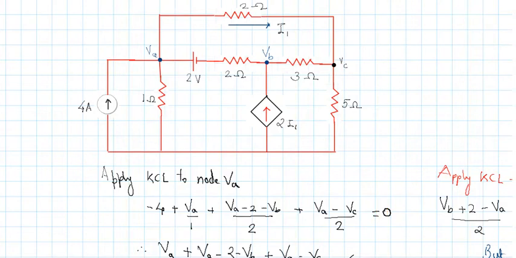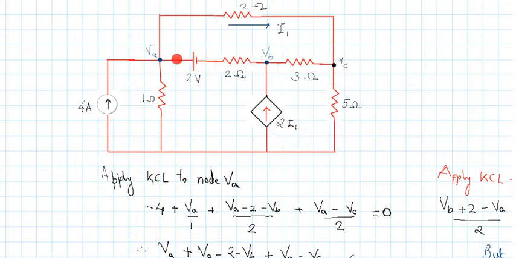Similarly, now we have to apply KCL to the remaining 2 nodes. So let us apply KCL to node B now. Right? What you need to do, as just discussed, is identify all the branches.